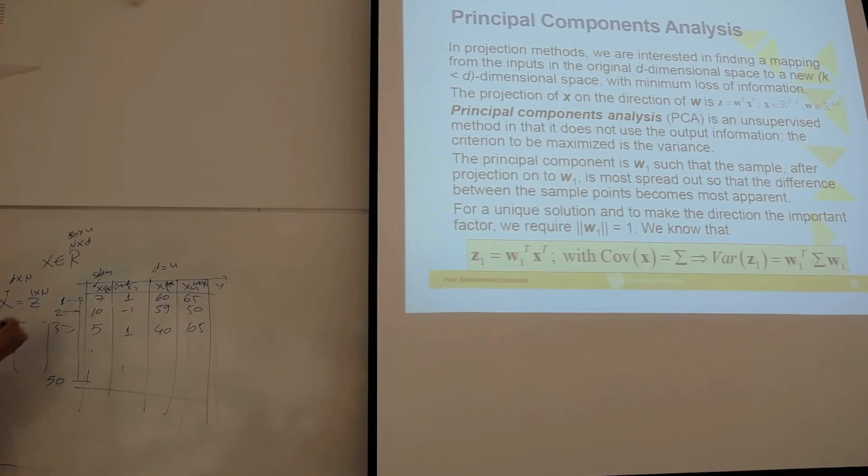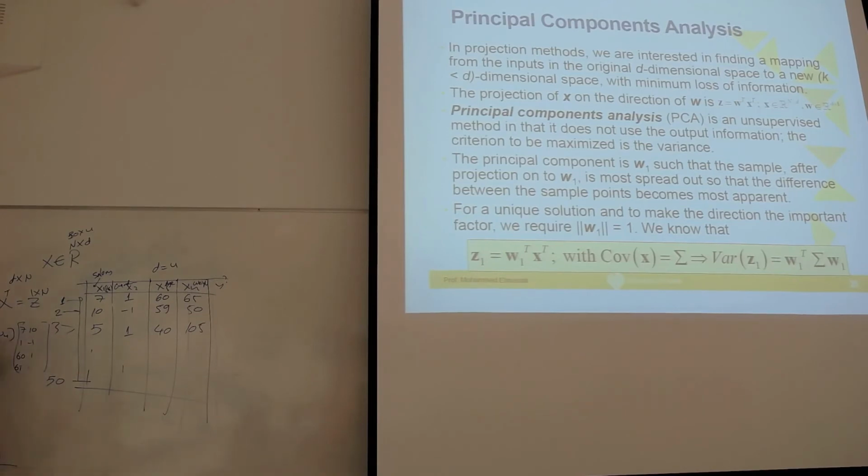This matrix contains, as you can see here, 4 inputs and 100 rows. But because we take the transpose, this becomes the input. So we have 7, 1, 60, 65, because we take the transpose. The second column will be 10, minus 1, 59, and 50, and so on.